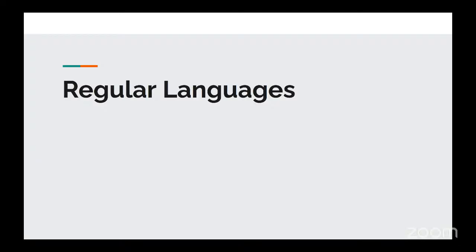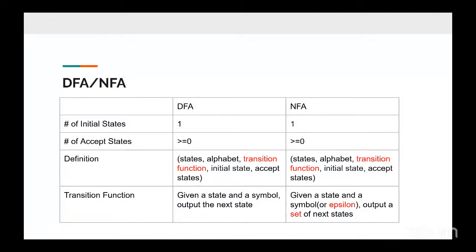Okay, so I'm going to be talking about regular languages and what models of computation we use to recognize regular languages. These are the things we learned at the very start when we moved on to models that are automata. We looked at DFAs and NFAs, deterministic finite automata and non-deterministic finite automata.